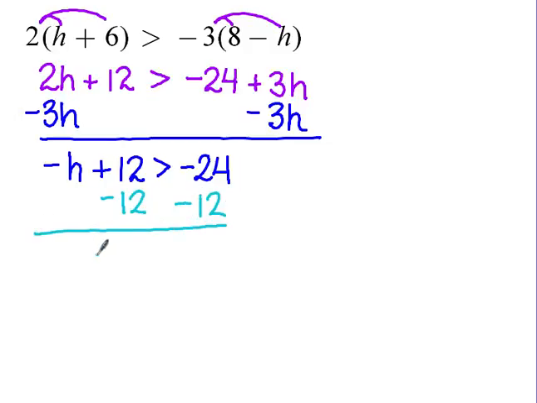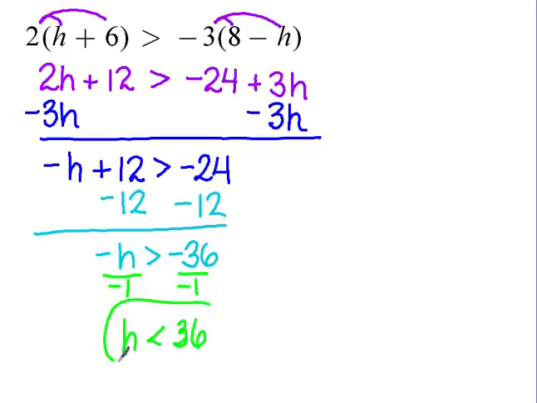So I get negative h is greater than negative 36. What do you do now? Divide by a negative 1. We've got to make that h a positive h. So I get h to be less than positive 36. There you go.